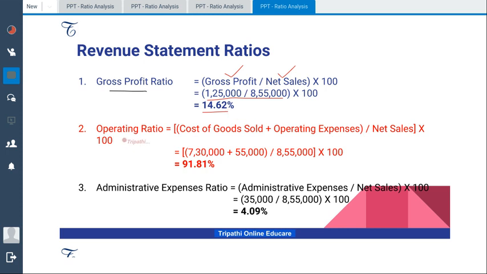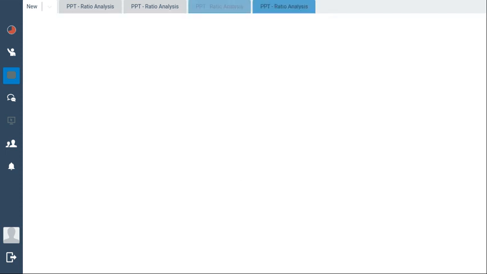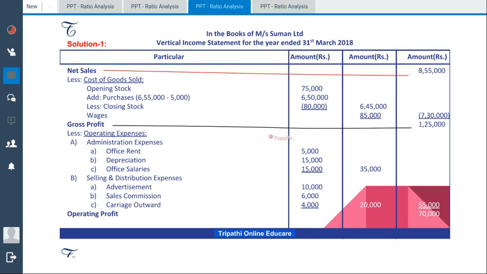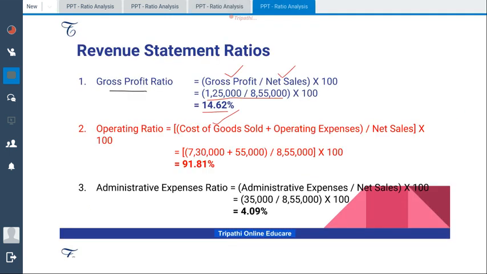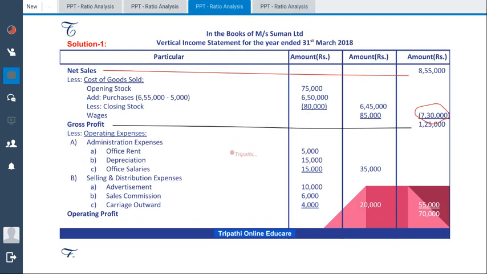Next, operating ratio. Formula is cost of goods sold plus operating expense upon net sales into 100. Right? So cost of goods sold, let us go and check cost of goods sold. So we can see cost of goods sold is 7,30,000 and net sales is 8,55,000. Okay, so cost of goods sold is 7,30,000 and we are looking for operating expense also.